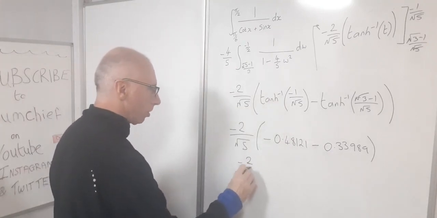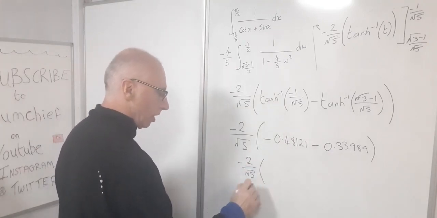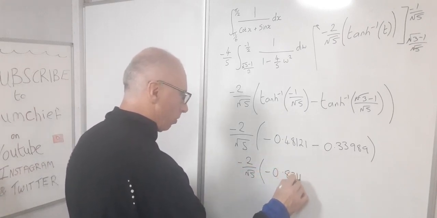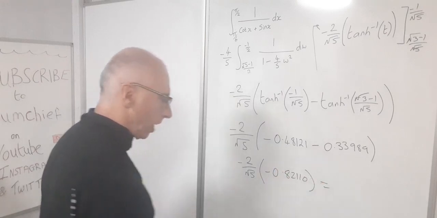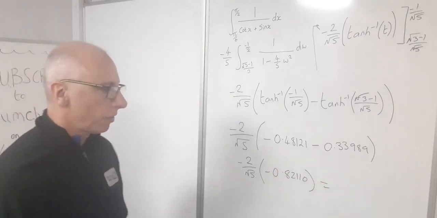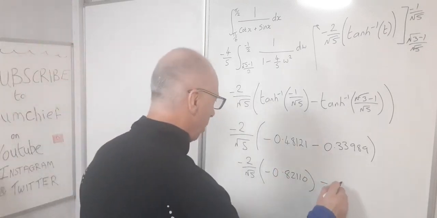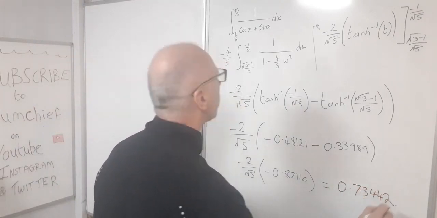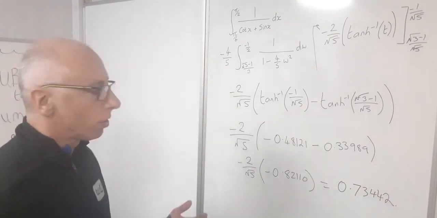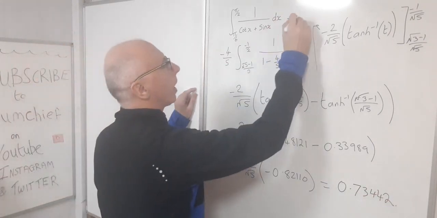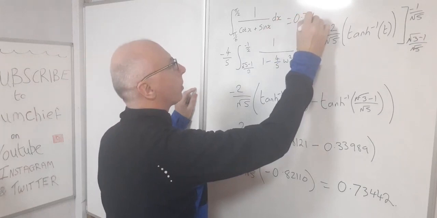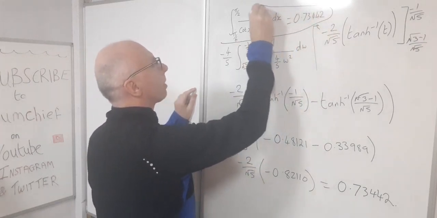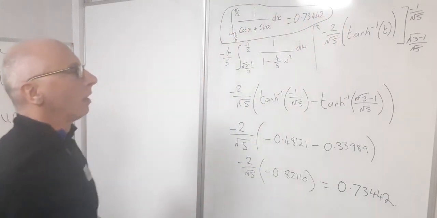We've got minus 2 over square root of 5 times minus 0.82110. And if you plug that into your calculator to 5 decimal places, you'll get positive 0.73442. And that gives us the answer to our integral finally: 0.73442, to 5 decimal places.